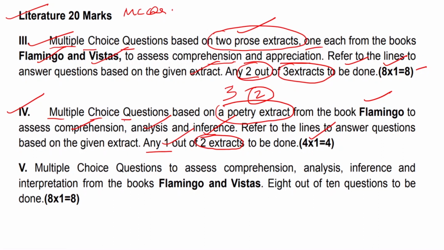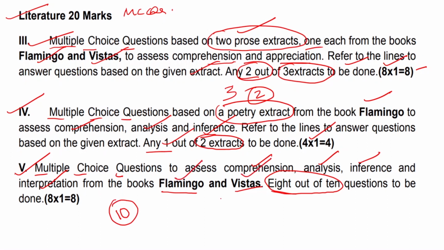That is the second literature question. And the next question, the fifth one, is multiple choice questions, again MCQs to assess comprehension, analysis, inference and interpretation from the books Flamingo and Vistas. 8 out of 10 questions to be answered. 10 questions will be asked based on these 2 texts, Flamingo and Vistas. You have to answer any 8. Here also 2 extra questions will be given.